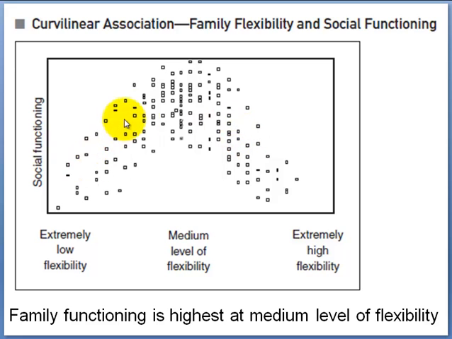But you can see that this pattern of dots in the scatter plot takes a turn towards a downward trend as we move above middle levels of flexibility. So in other words, as we get to the very, very highly flexible families, the social functioning is again low.